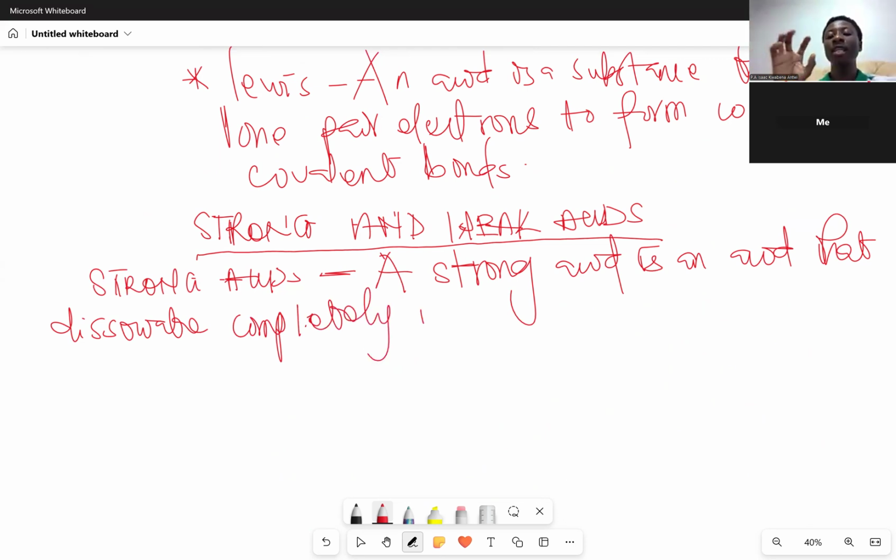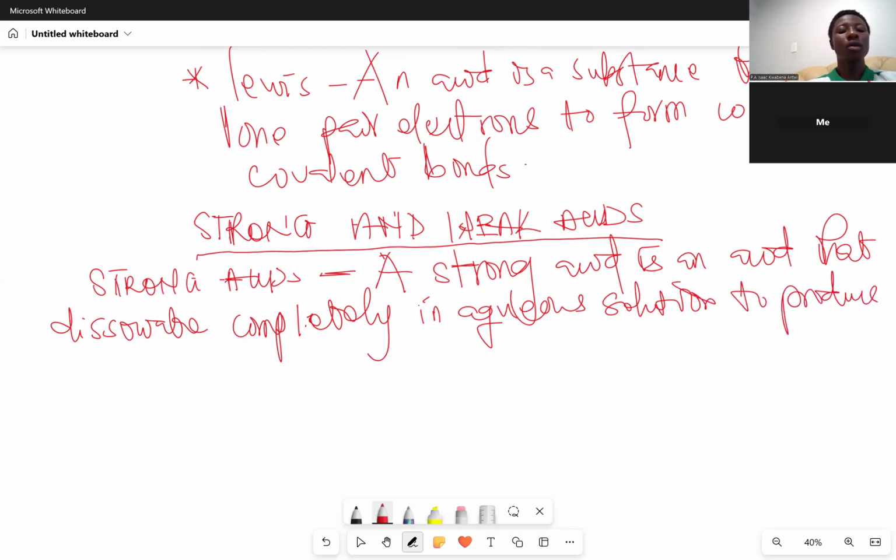So strong acids basically dissociate completely in aqueous solution. Aqueous solutions are more like water. So a strong acid is an acid that dissociates completely in aqueous solution to produce hydrogen ions or hydronium ions, right? Well, you can choose to add it up, or hydronium ions.